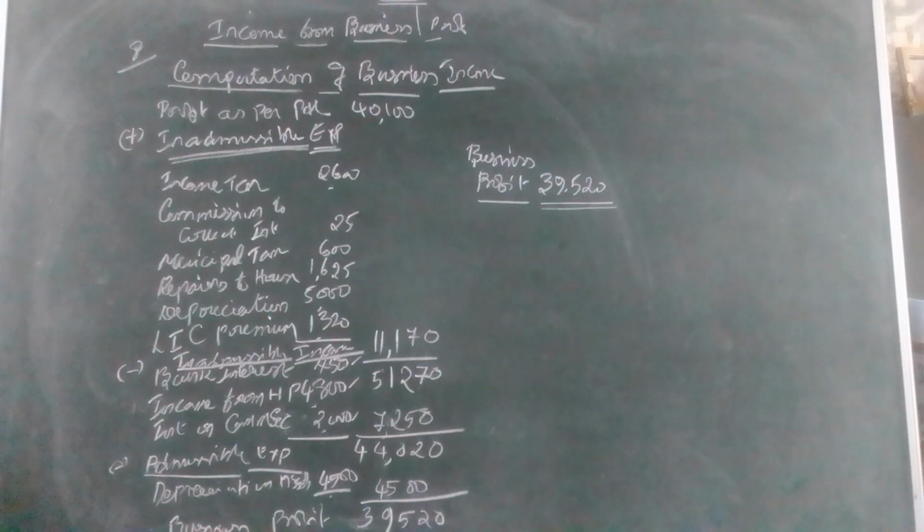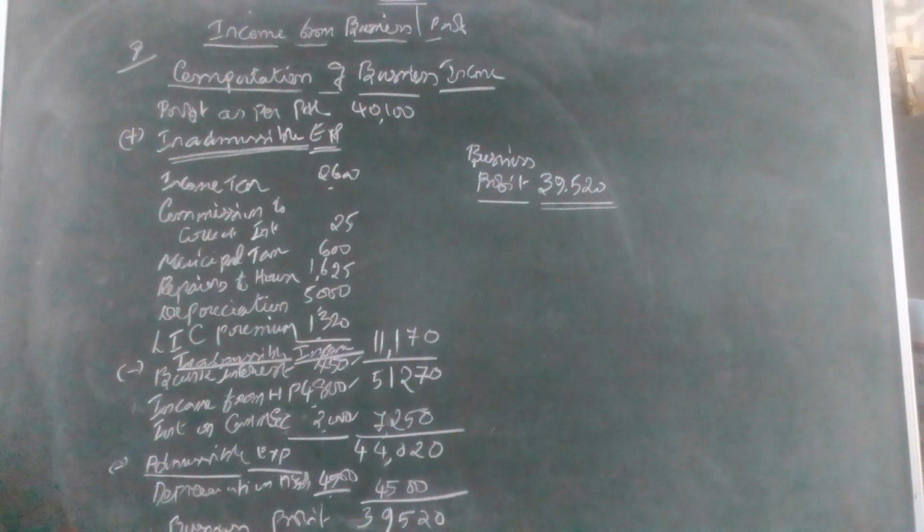So in two ways you can treat this item of bad debt. Actual bad debt 4,500 is deducted from the profit, that is allowable expense. The amount of bad debt you already accounted in P&L, that amount is taken as inadmissible bad debt. Okay, this is one point. Now we have taken depreciation as 5,000 inadmissible expense, and in the last but one line I have taken the depreciation on assets 4,500 as allowable expense.